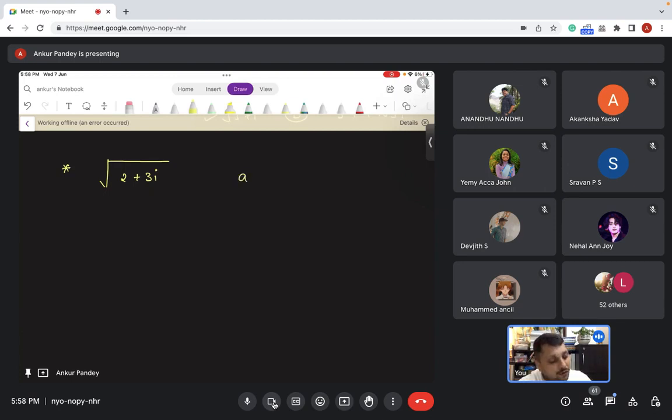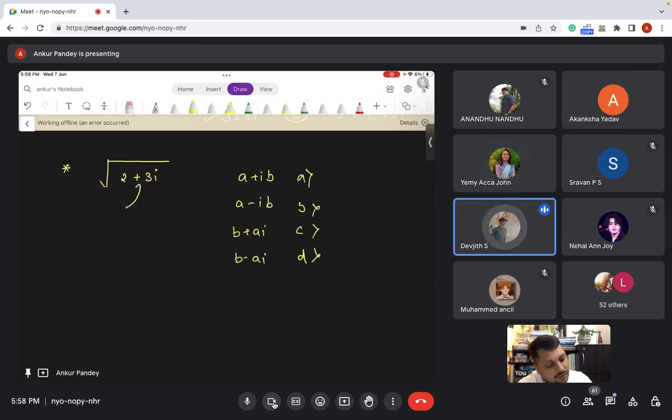I am only giving you options: a plus ib, a minus ib, b plus ai, b minus ai. Which options? A, B, C, D. So A and C. Yes. As soon as you saw C, this is either A or C, right or not? So after this, what will you do? You will square both A and C and see which one is giving you the right answer. Understood?